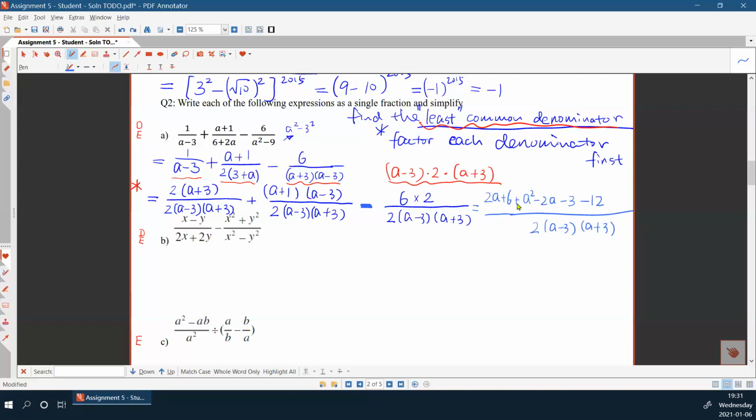2a plus 6 plus a squared minus 2a minus 3 minus 12, right? Okay, so here the final result is a squared, minus 2a canceled, minus 9.